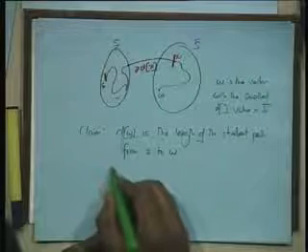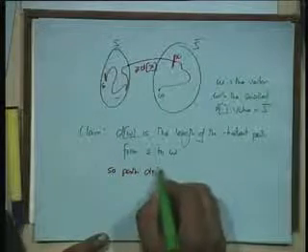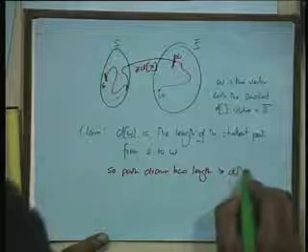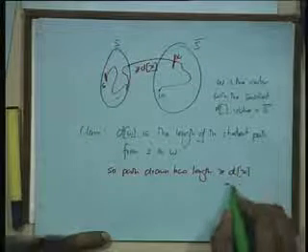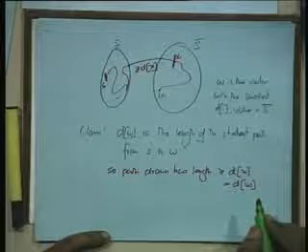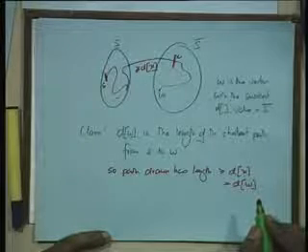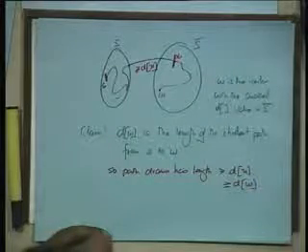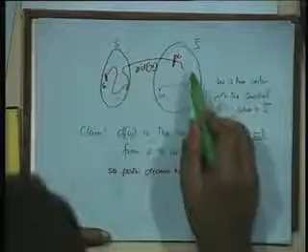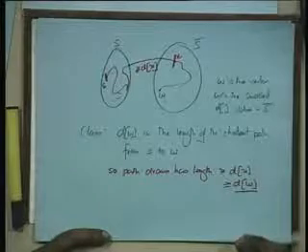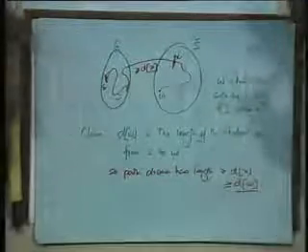So the path drawn has length greater than or equal to d of x, which is greater than or equal to d of w, maybe they were the same distance labels. So, this path has length at least as large as d of w, which means it is not a shorter path.